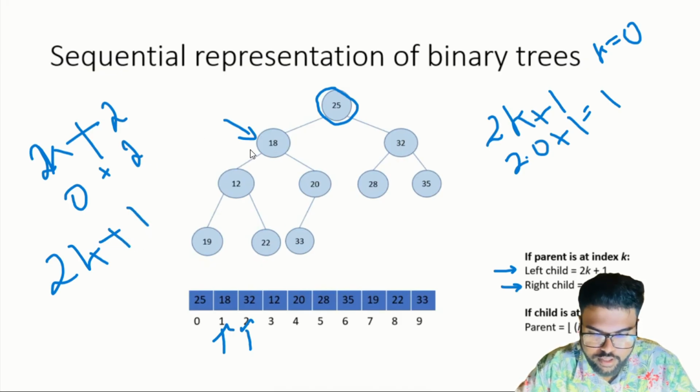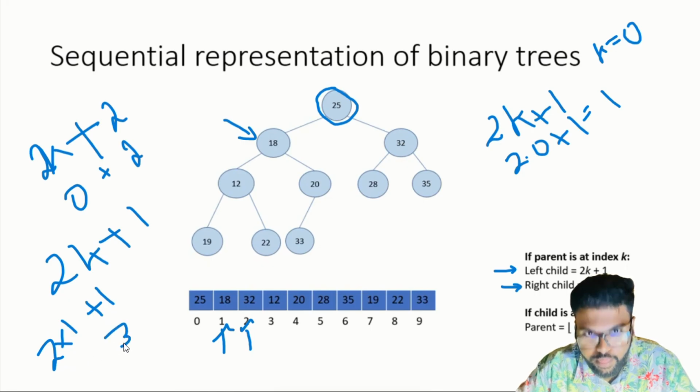Left child equation is 2k plus 1. The index number of 18 is 1. The answer is 3.